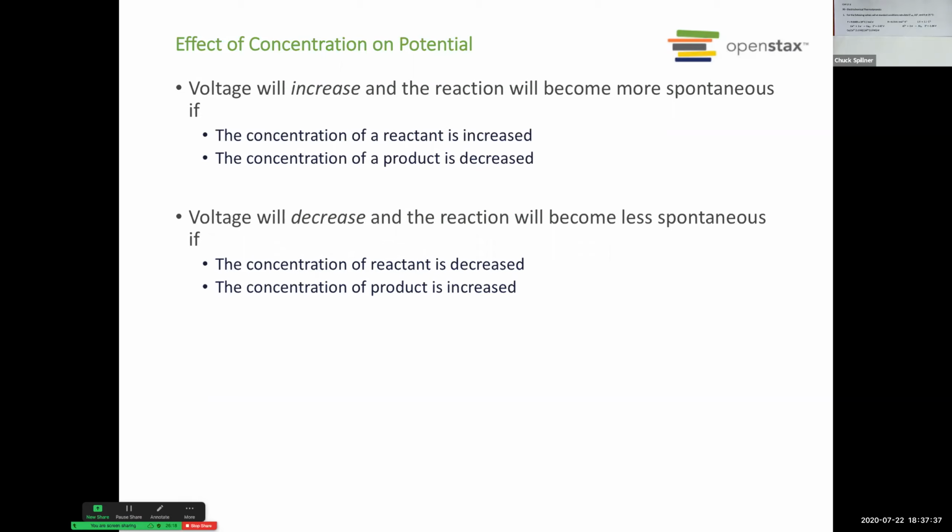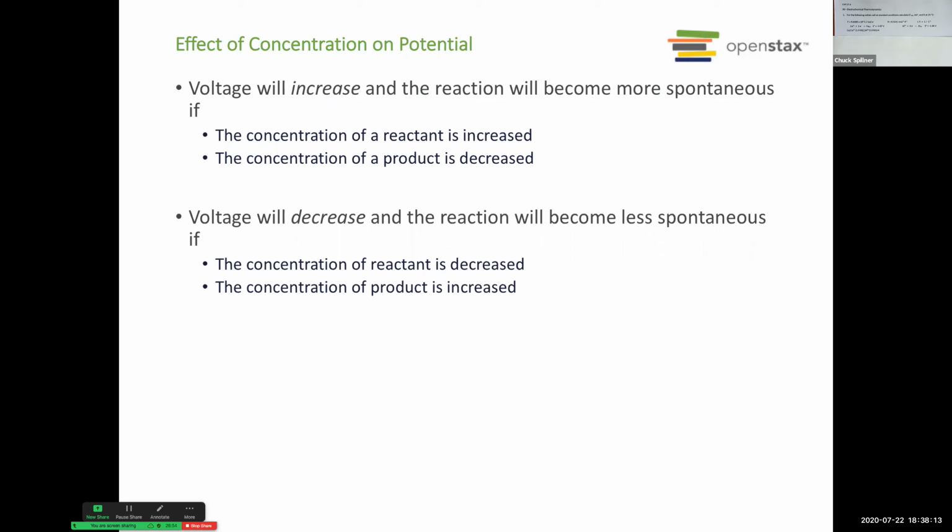Think about that. K is products over reactants. Or just think of the chemical equation: if you increase the reactant side, you force the reaction to shift to product. And that means that in a redox reaction, to shift reactant to product, electrons have to flow, so voltage will increase.